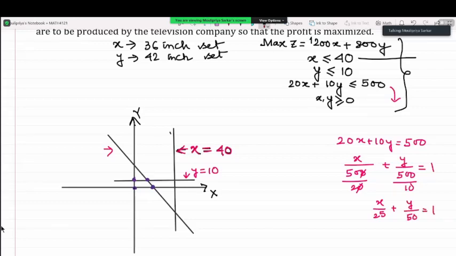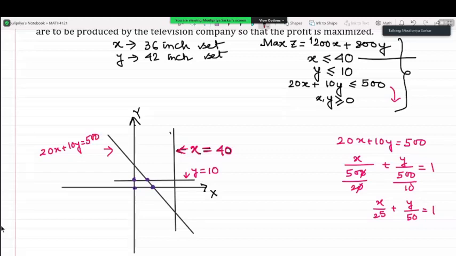I don't have the exact graph with me, so this is more or less what I visualize the structure should be. So this is the line which is 20x plus 10y equal to 500.